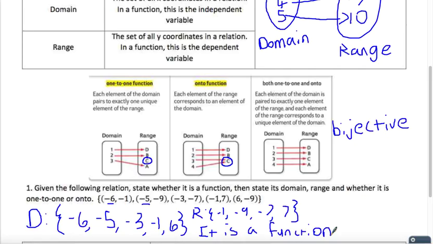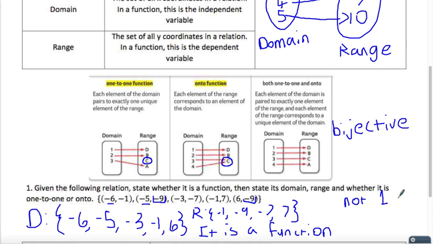And then we can tell if it's one-to-one if every element in the range is only used one time. But notice, -9 repeats, right? So because -9 repeats, it is not a one-to-one function.